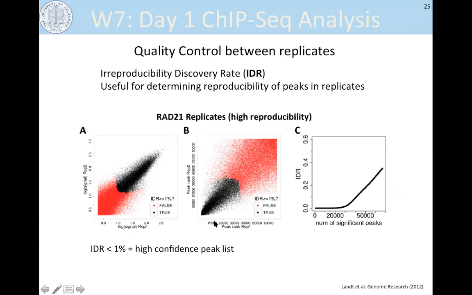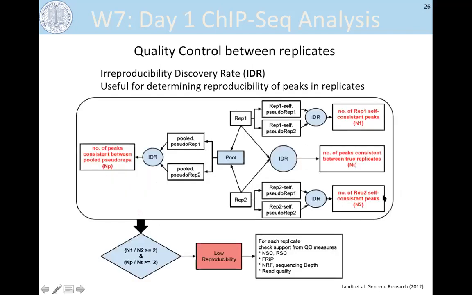So the smaller the rank, those are going to be the high confidence peak list. And as you relax your criteria for calling peaks, the peaks with a higher IDR, so the less confident list, is going to increase. So you're going to have more peaks, but these peaks are going to be less consistent between replicates.